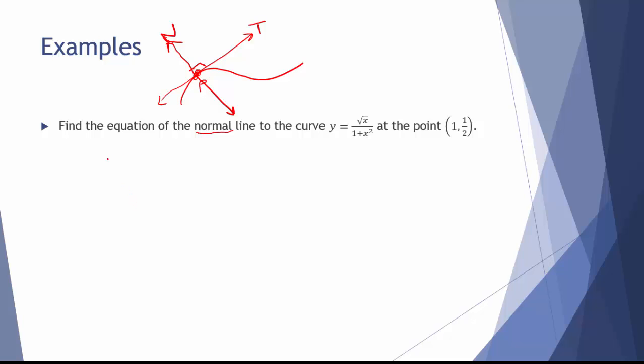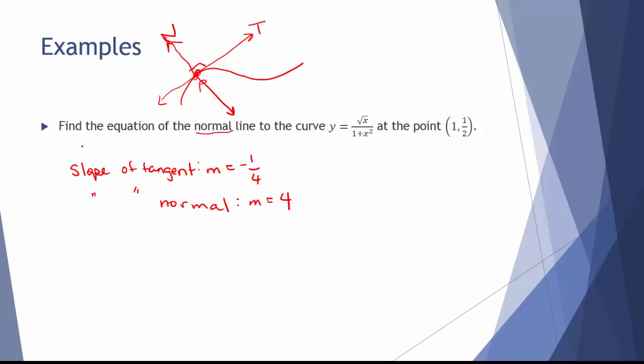They're opposite reciprocals. So what we know from the previous example is that the slope of my tangent line was negative 1/4. So what does that tell me the slope of my normal line is going to be? It should be 4.